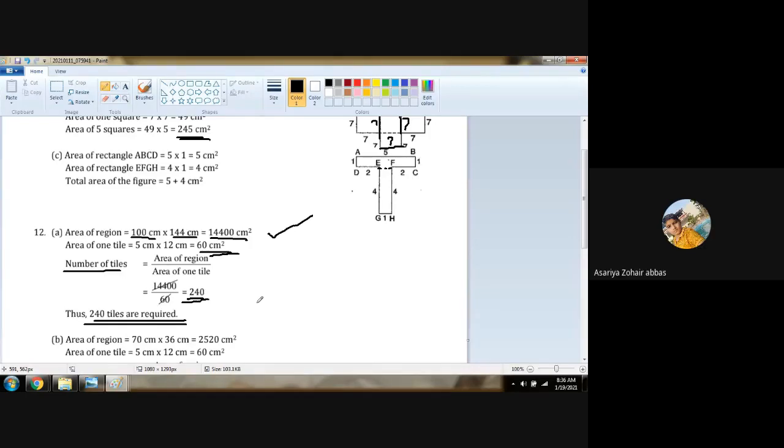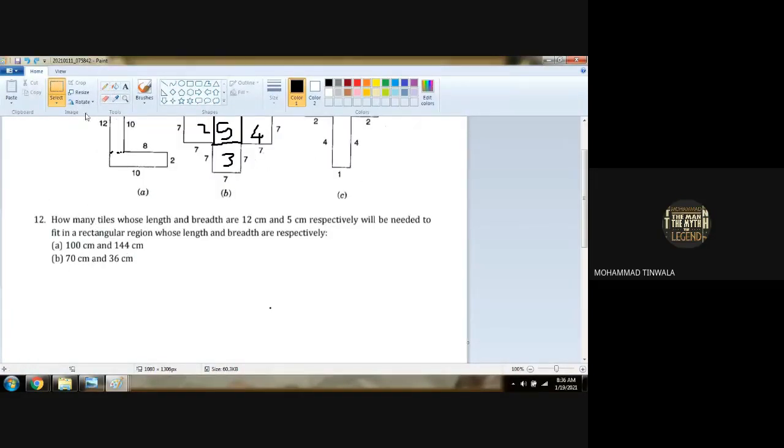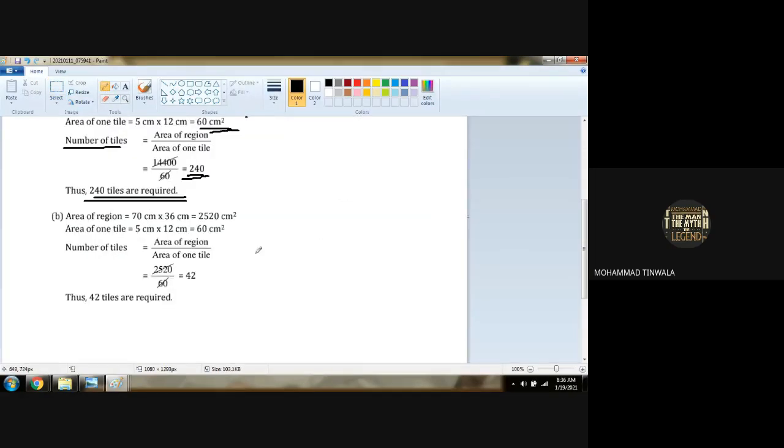Same way, the area of region for sum number B, 70 and 36 centimeter. Length is 70 and breadth is 36. So multiplying, we get 2,520 centimeters square as the area of region.